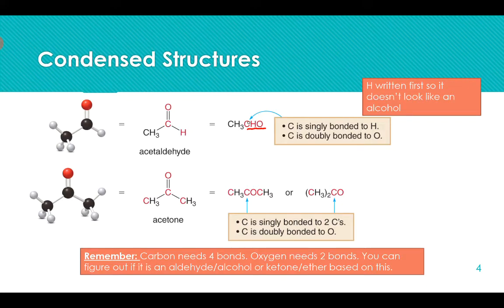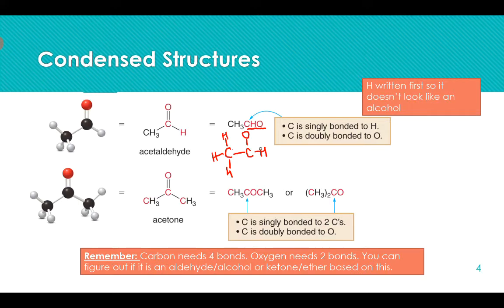We have to remember that carbon always has 4 bonds to it. And so if we draw this out, we know that this first carbon has 3 hydrogens. Then we know the second carbon has 1 hydrogen, and then it has an O. Now we can figure out that it has to be a double bond to the O because currently carbon only has 1, 2, 3 bonds.